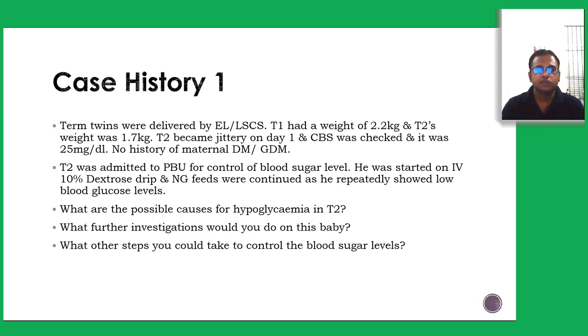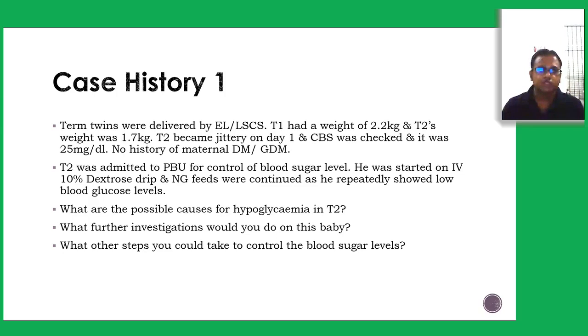And there is no history of maternal diabetes mellitus or gestational diabetes mellitus. And this T2 was admitted to the PBU for the control of blood sugar levels, and was started on an IV 10% dextrose drip, and we have also continued NG feeds.